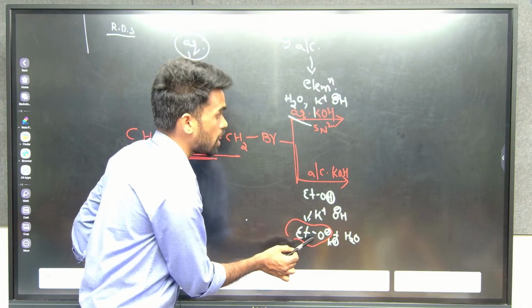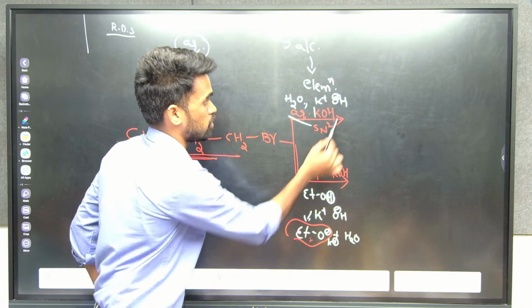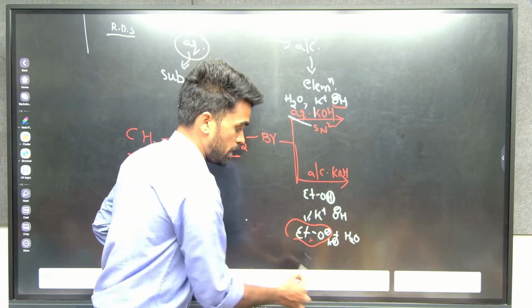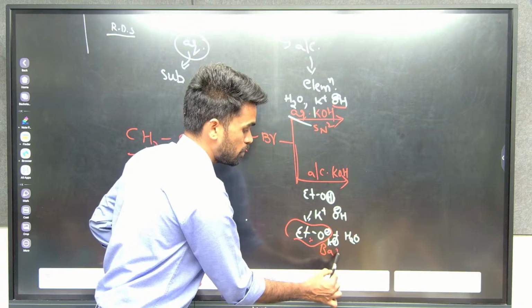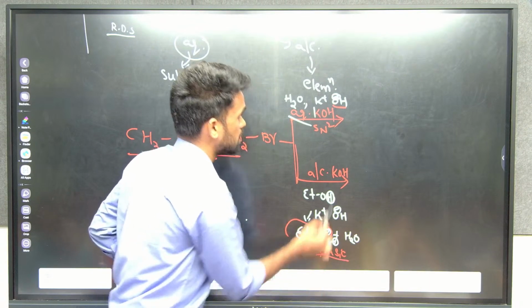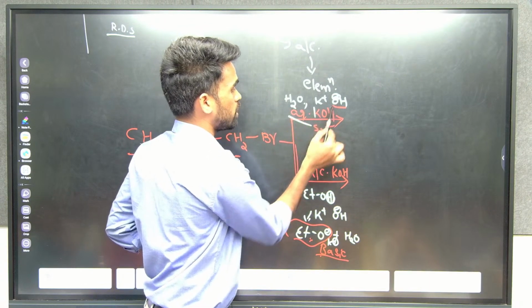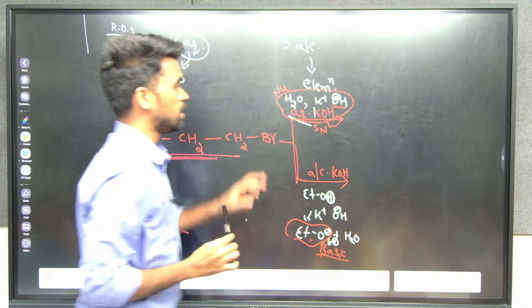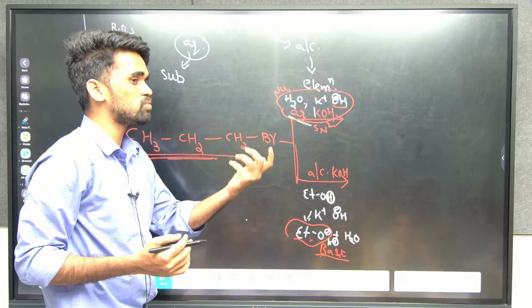This is a stronger base than OH minus. That's why alcoholic KOH acts as a basic medium. If I take aqueous KOH, it will act as a nucleophile.